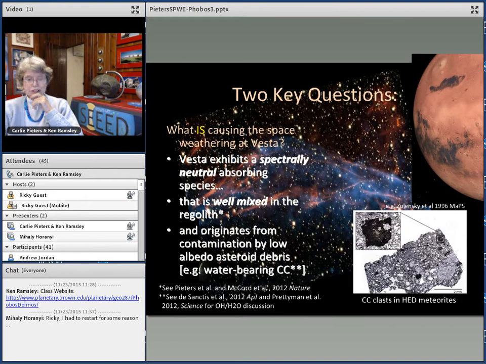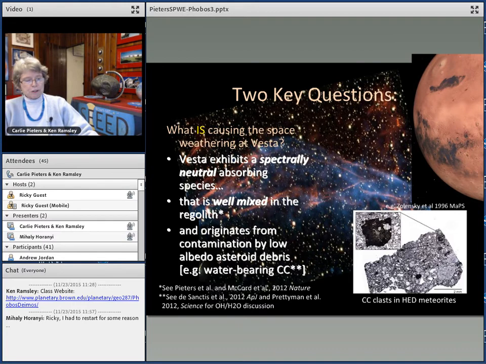Well, fortunately, we do have an explanation for that, namely that a small class of carbonaceous chondrites are found in many of these HED meteorites.